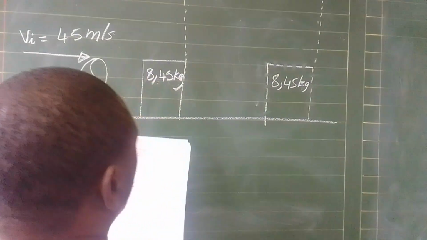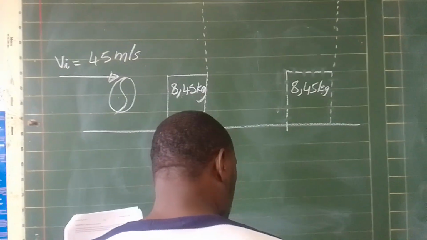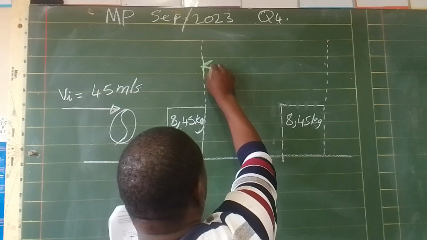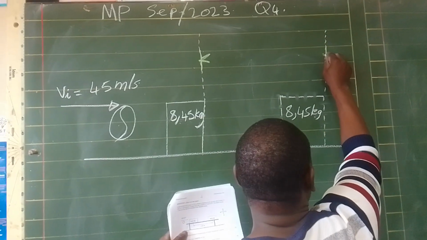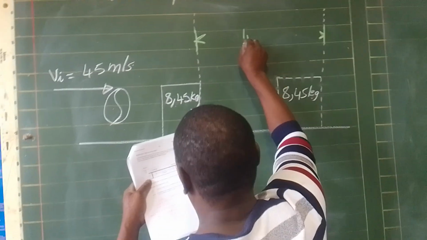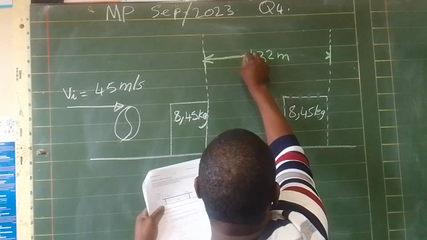Now the distance from here to here, where the ball has gone, is 1.32 meters.